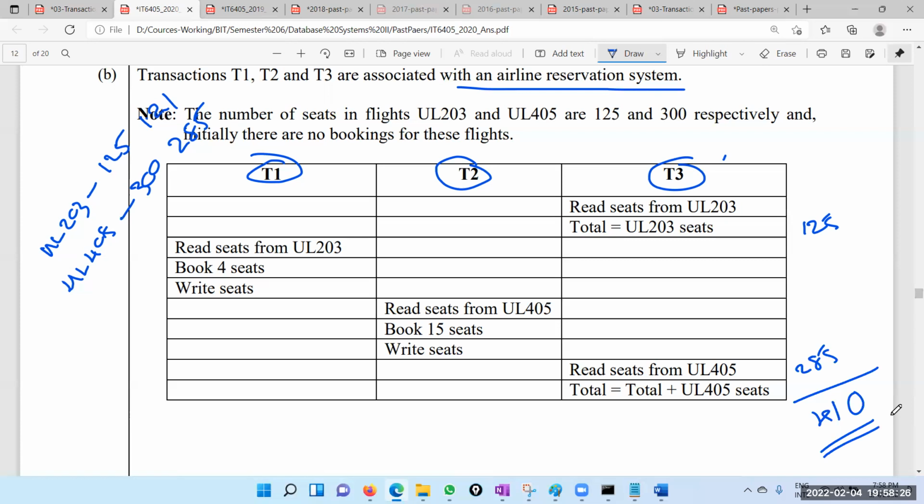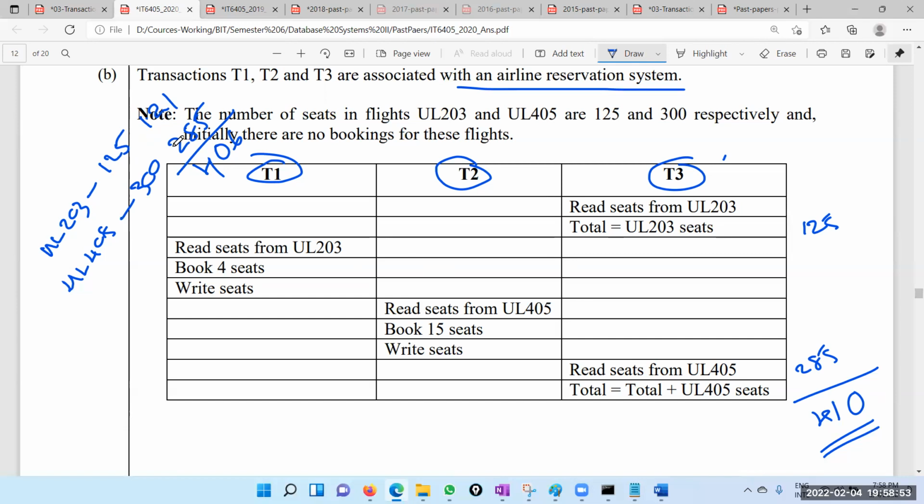But in reality, the available number of seats must not be 410. It must be 406. Actually, the available number of seats right now is 406, because 4 seats are subtracted from this one and 15 seats subtracted from this one.